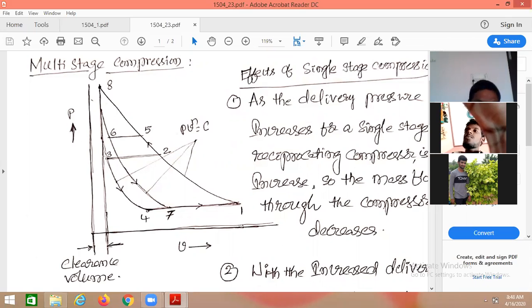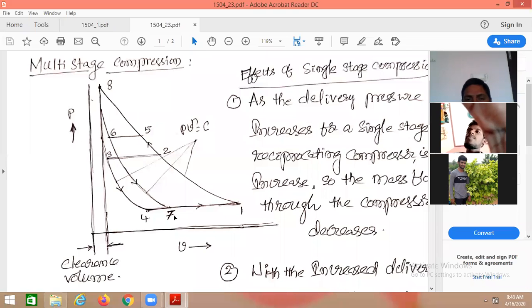The expansion of the compressed air in the clearance volume is very little in the first case, more in the second, and very high in the third.